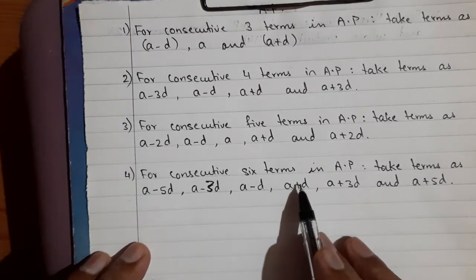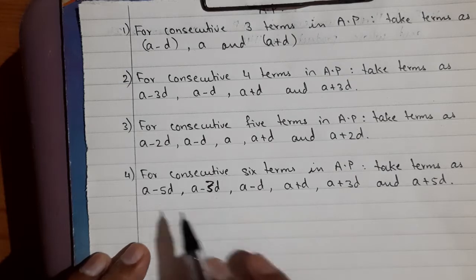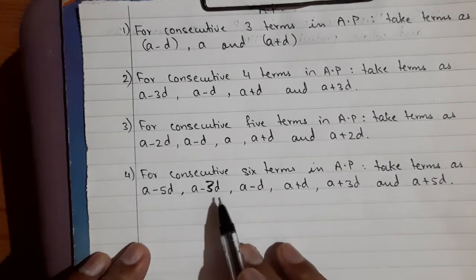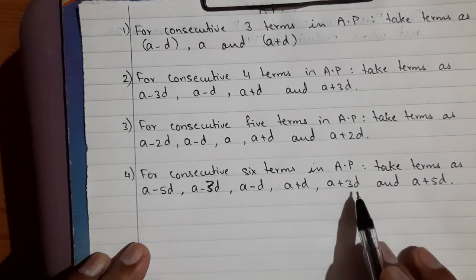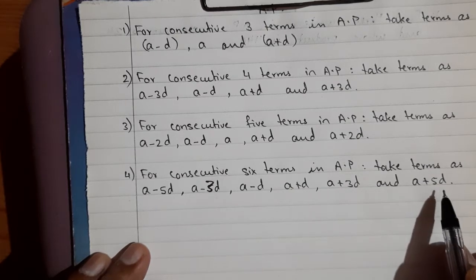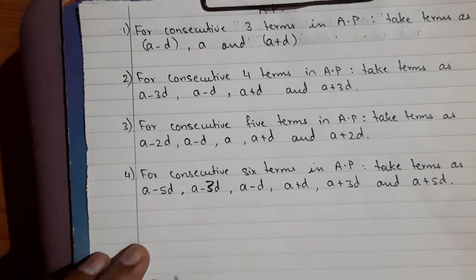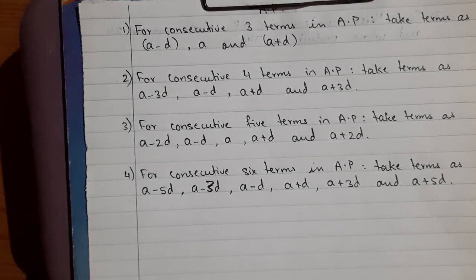For consecutive 6 terms in AP, we will take a minus 5d, a minus 3d, a minus d, a plus d, a plus 3d and a plus 5d. You can see that everywhere the difference is constant. Now we will start with exercise 10D.